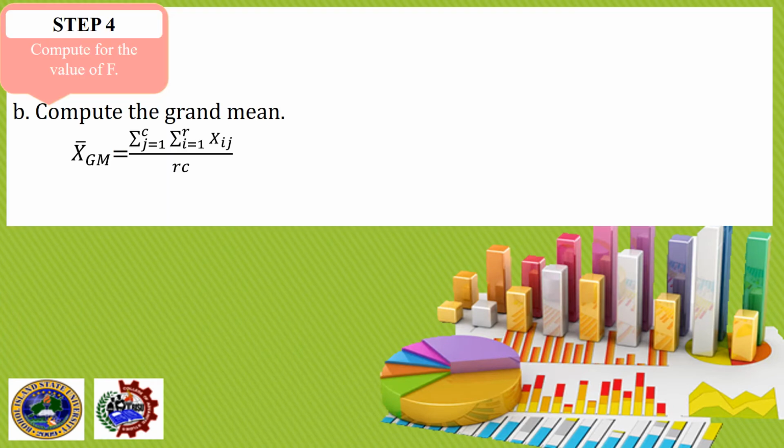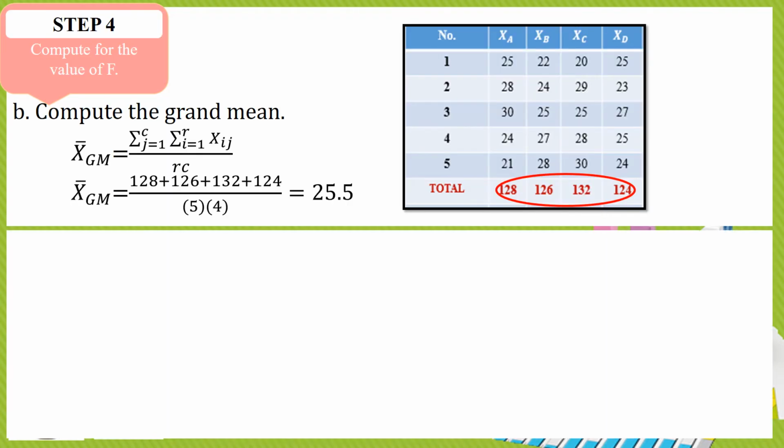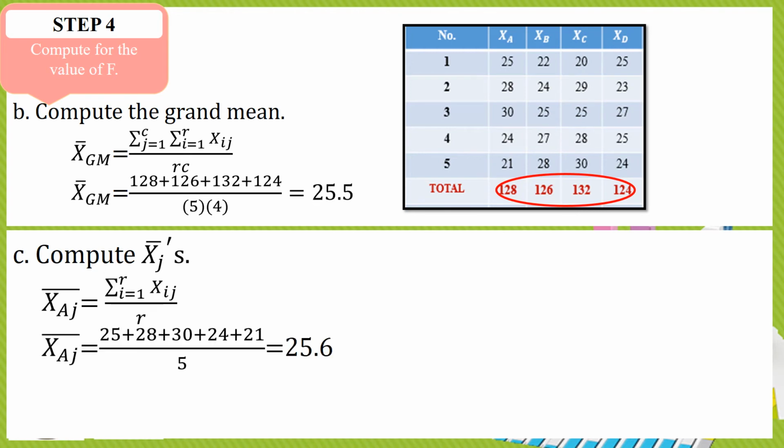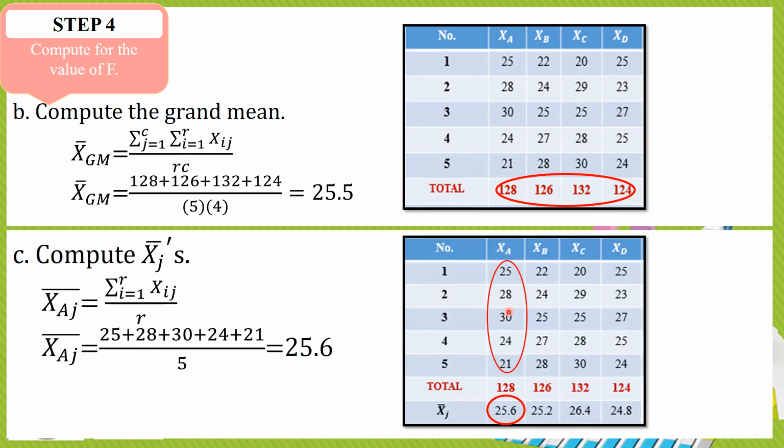Now, let's proceed to the next step, which is to compute the x bar sub j's. Again, let us consider this part of the table. When we say x bar sub j's, we are referring to the mean of all the values of x sub a, and then another is the mean for the values of x sub b up to x sub d.